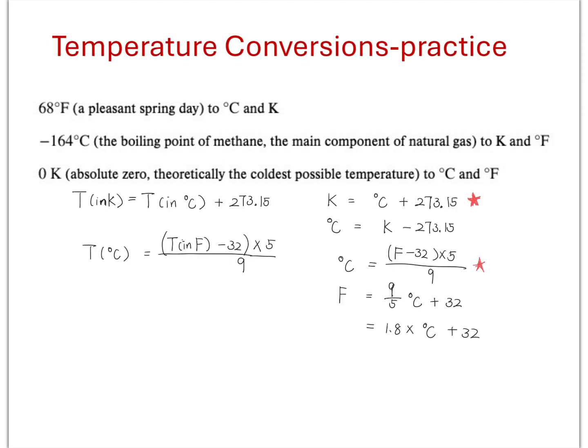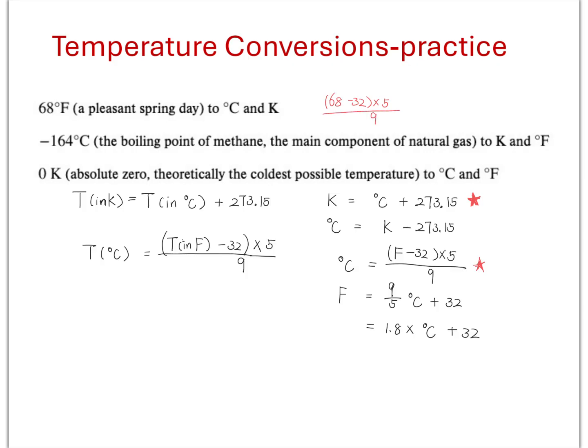Now we are going to use all these equations to do some practice. The first one is to convert 68 Fahrenheit to Celsius. That is going from Fahrenheit to Celsius, so we have 68 minus 32, times 5 divided by 9.